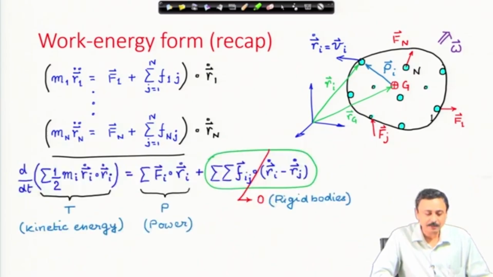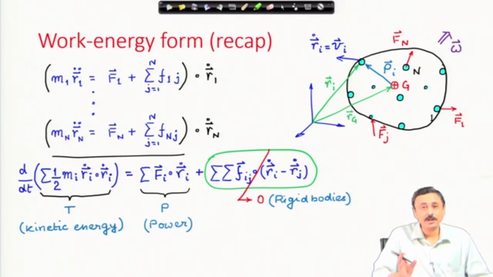And then we had summed up, and we found that the rate of change of kinetic energy is equal to the power, and for rigid bodies, this was taken as a special case. For rigid bodies, this contribution of internal forces is 0, because the internal force direction and the relative velocity direction for rigid bodies are orthogonal, because remember the relative velocity r I dot minus r j dot is omega cross r I minus r j.